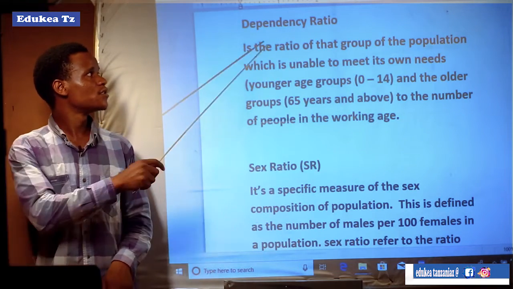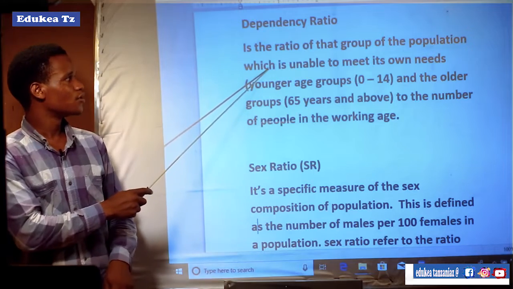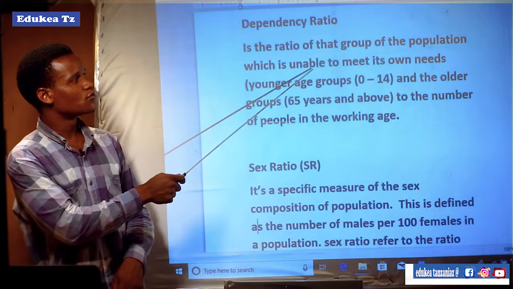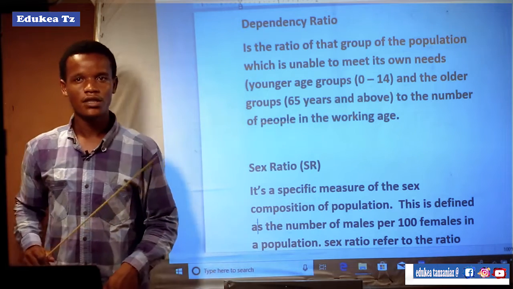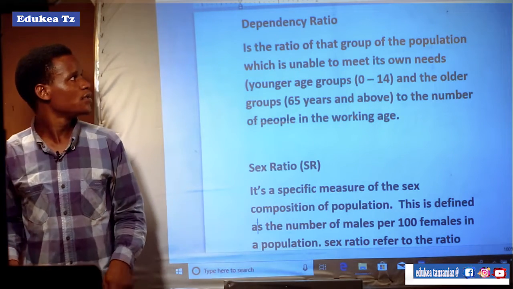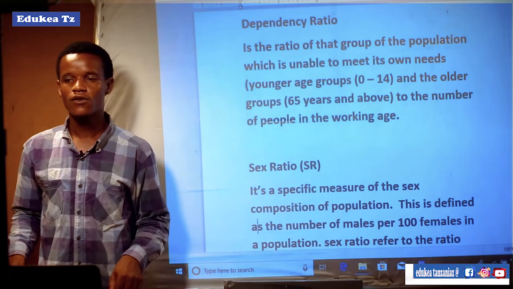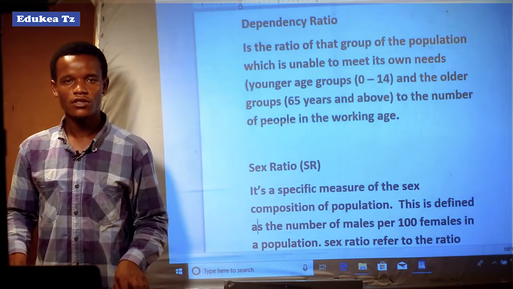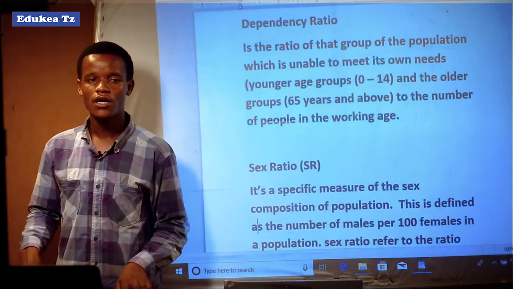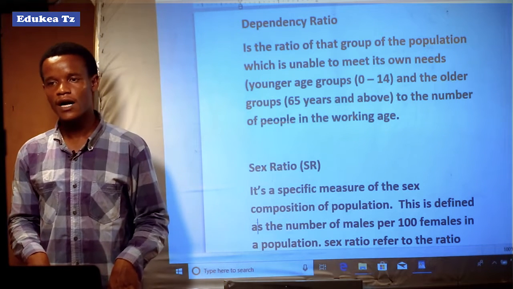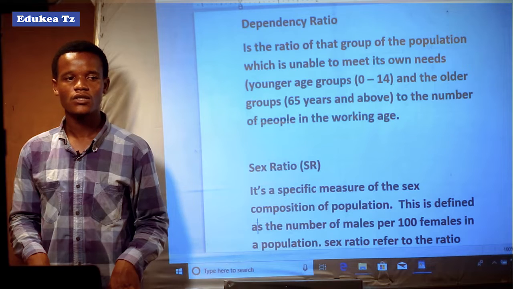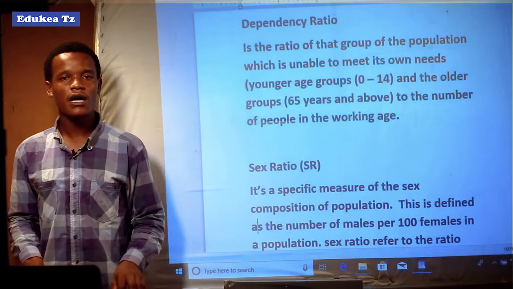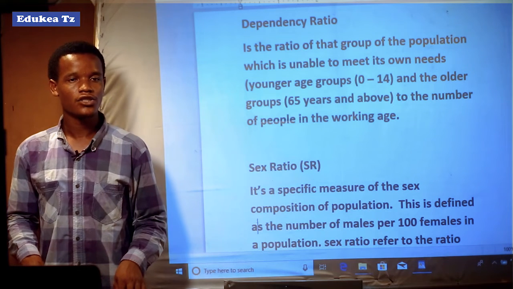Another is dependency ratio. Dependency ratio is the ratio of the group of the population which is unable to meet its own needs. Here we focus on the elderly population, since people aged 64 and above do not have the power to produce, which leads to an increase in the dependency ratio.